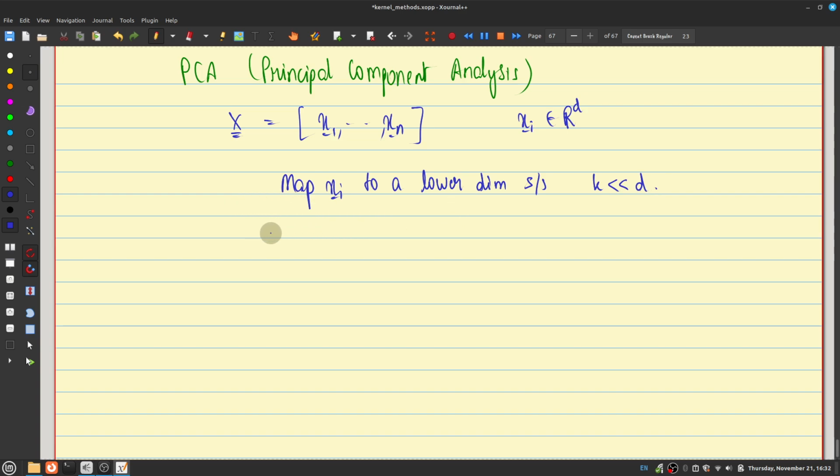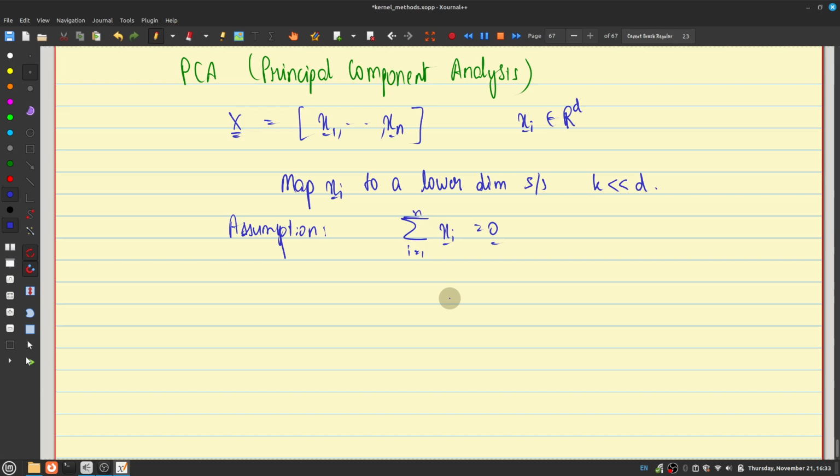One assumption that we will make is that the data doesn't have any bias, in the sense that the summation of xi from i equal to 1 to n is equal to the 0 vector.